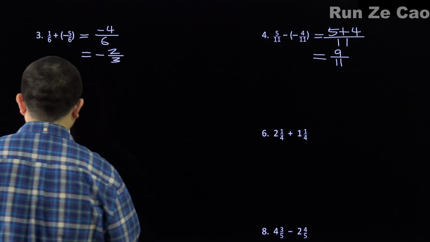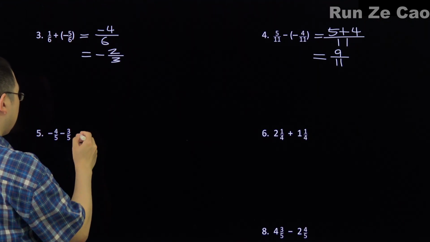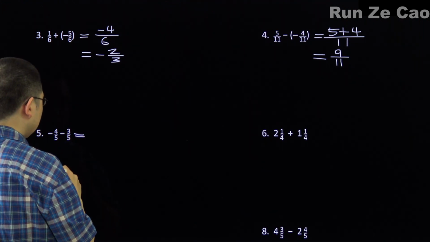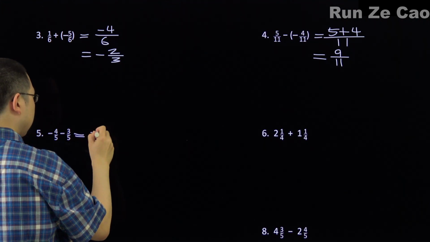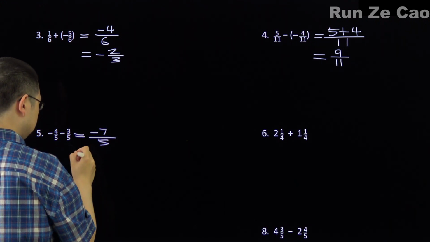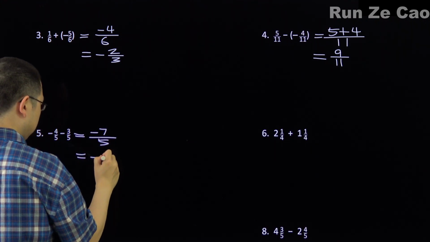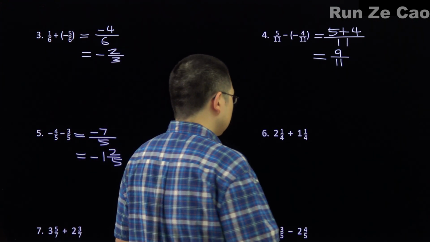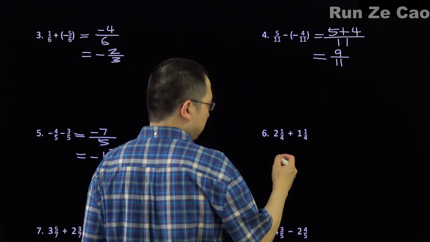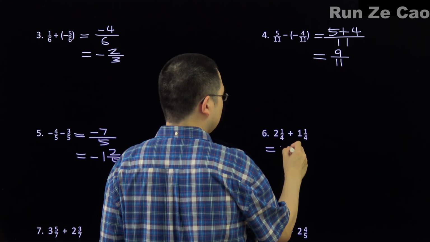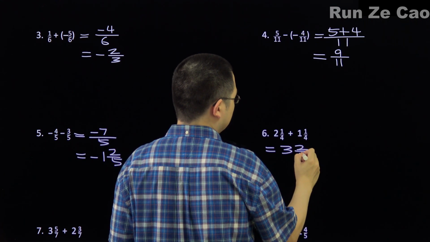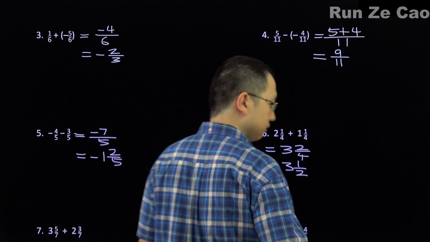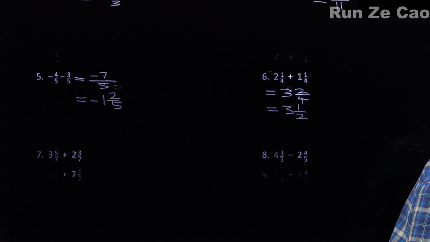Okay, -4/5 minus 3 over 5 is equal to -4 minus 3, so -7 over 5. That's equal to -1 and 2/5. 2 and 1/4 plus 1 and 1/4 is equal to 3 and 2 over 4. That means 3 1/2.